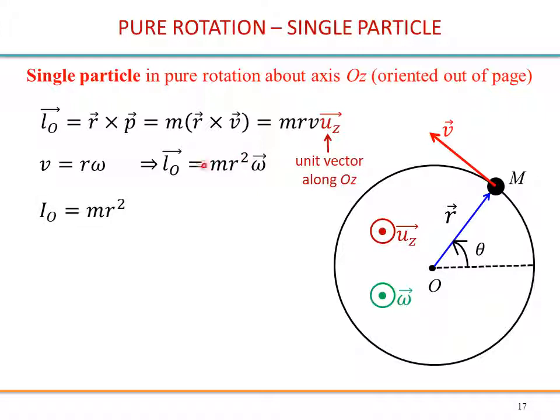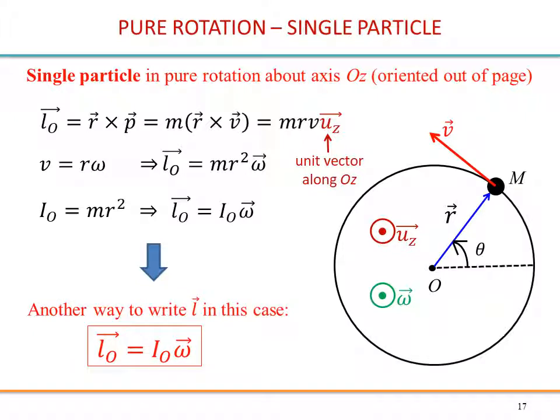And m r squared is in fact the moment of inertia of this mass with respect to the axis of rotation. So we can write in fact L_0 equals I_0 omega. So that's another way to write L in this case. And for a rigid body, we'll see that most of the time we use this formula.